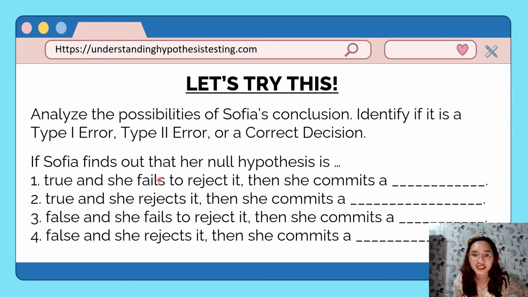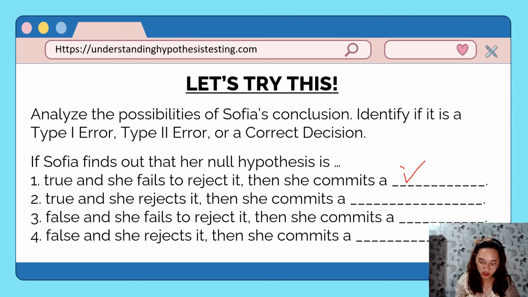So, if Sophia finds out that her null hypothesis is true and she fails to reject it, then she commits, of course, a correct decision. Check that, it's a correct decision, since she accepted the true null hypothesis. Next, number 2, the null hypothesis is true and she rejects it. So, she rejected our true null hypothesis.